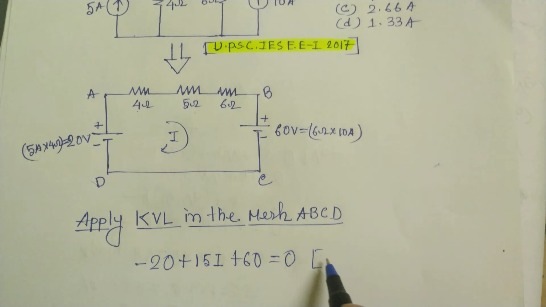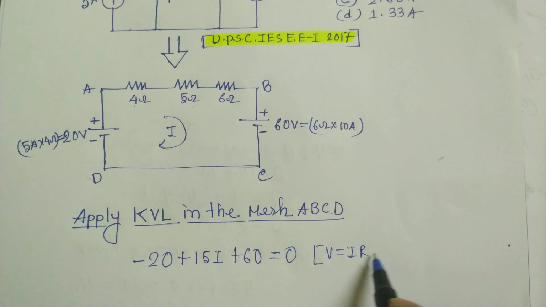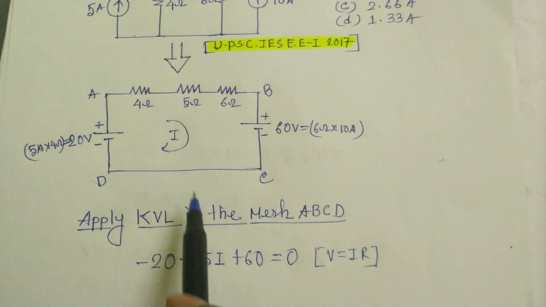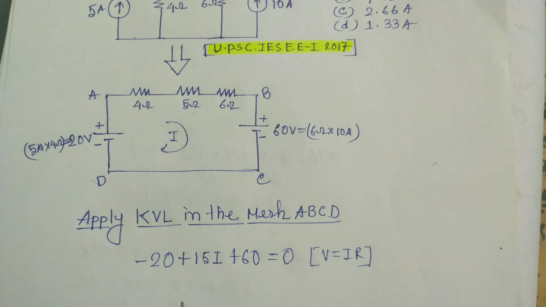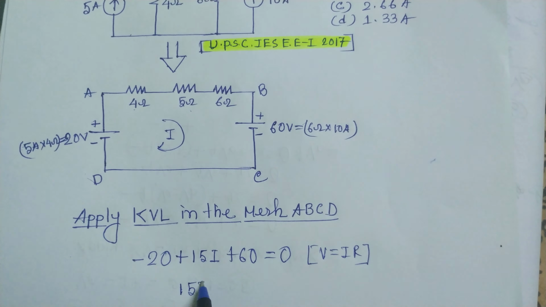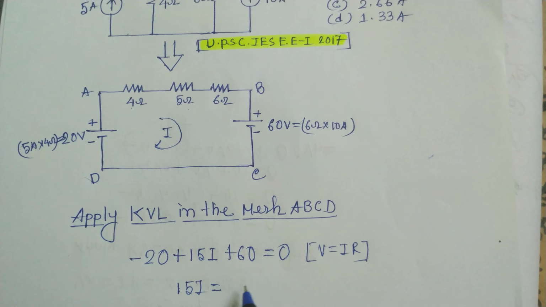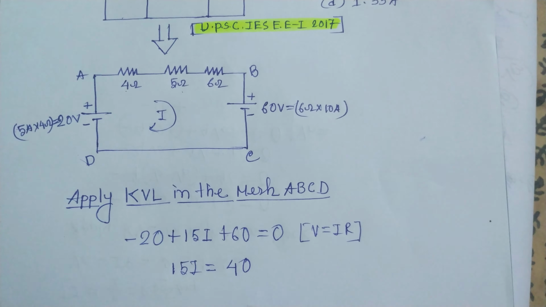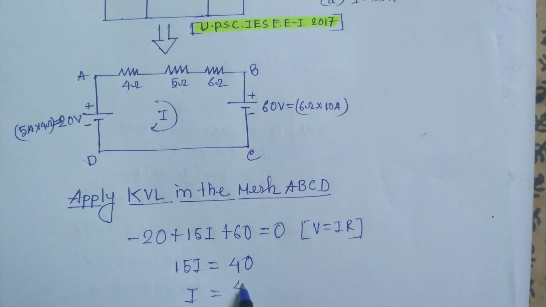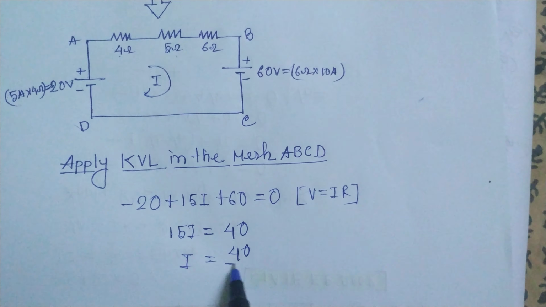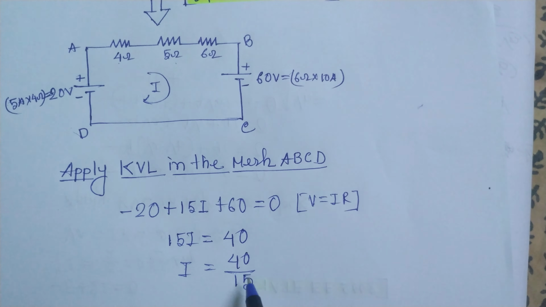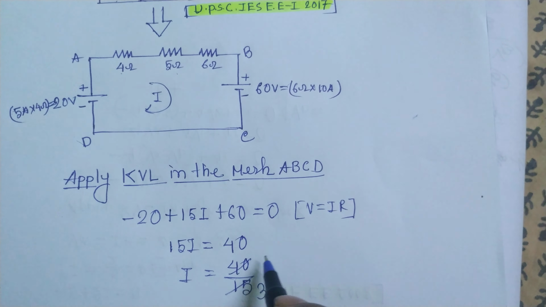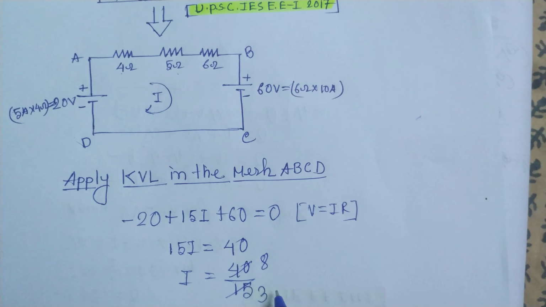As the rule, we know V equals IR. So we can write the equation from here. Now 15I equals 40, and I equals 40 by 15. Five cancels, 3 and 5, 8.